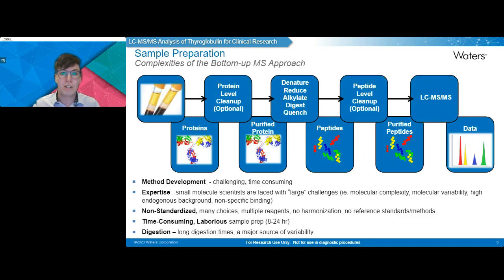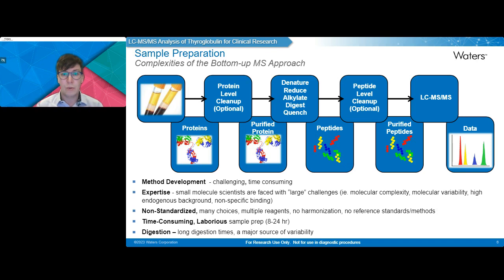So, having described the process of identifying suitable peptides that are representative of the target protein, there are a number of challenges associated with obtaining that peptide, following it through the sample preparation process, and doing this in a timely, reproducible, accurate, and analytically sensitive way.